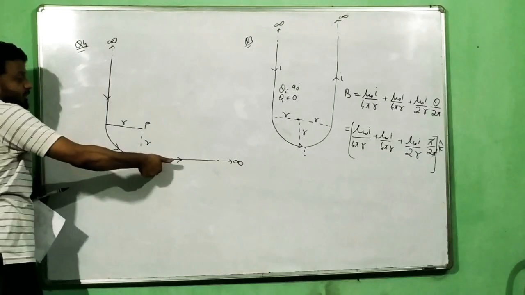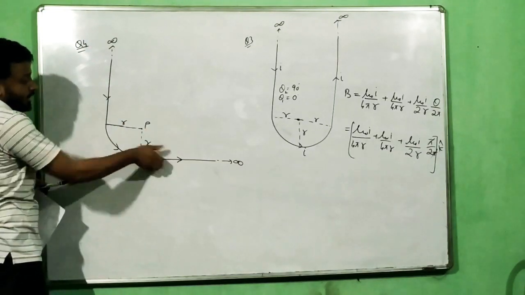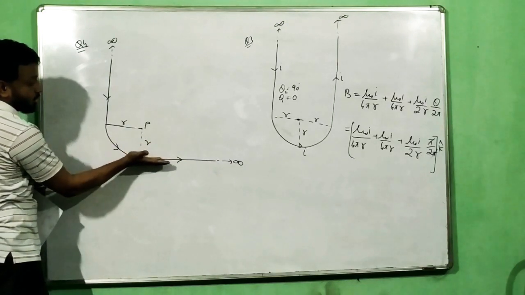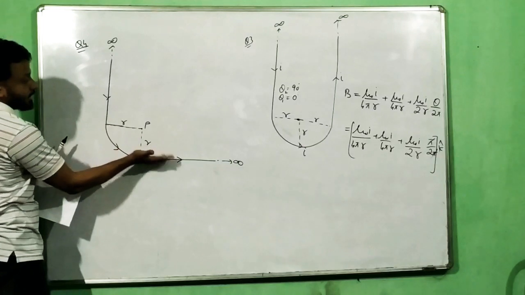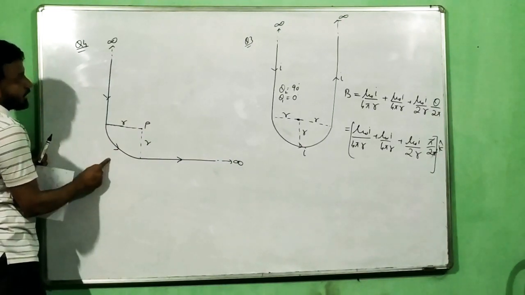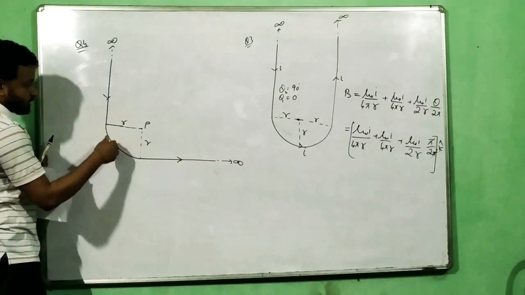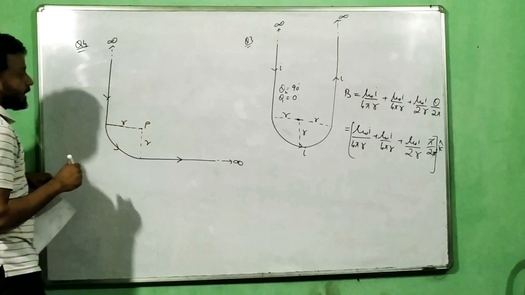Or if I stretch my finger towards the current, here it is inside, here it is outside. My palm should face towards my r, then only I can curl towards r. And this is anti-clockwise, so anti-clockwise means outside. So all three are creating the field in the outside direction.